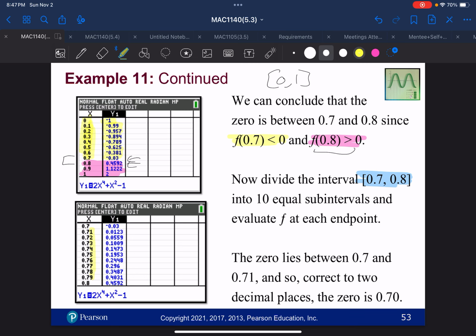And you can see that at 0.7 it is negative, and after 0.71 it becomes positive, and all of these are positive. So therefore, now I know that my 0 is between 0.7 and 0.71. So then I can round to 2 decimal places, so the 0 would be 0.70.